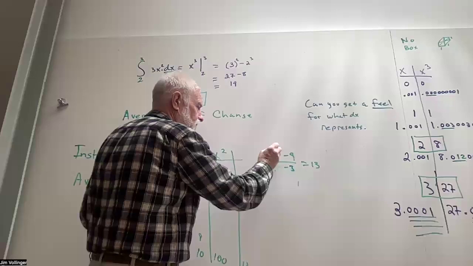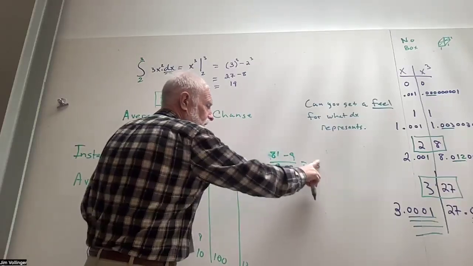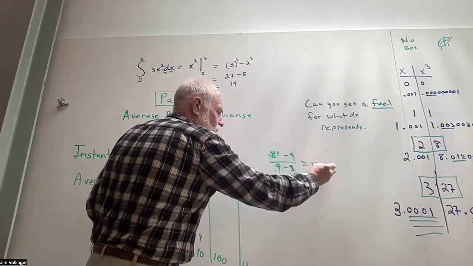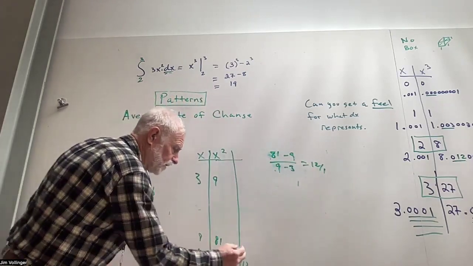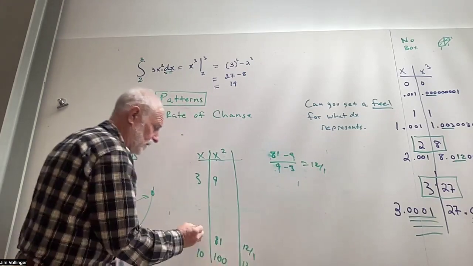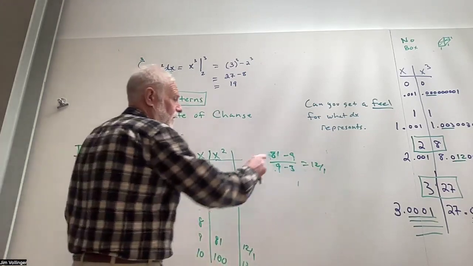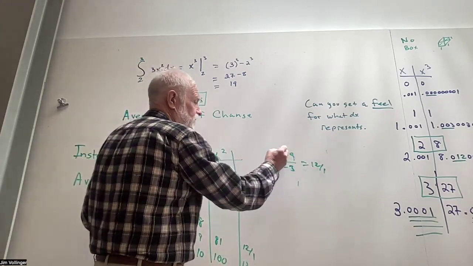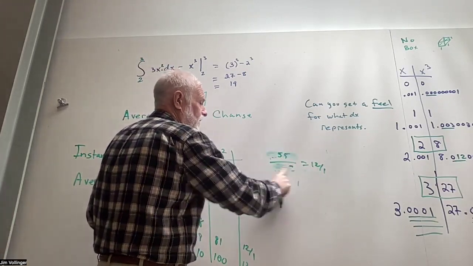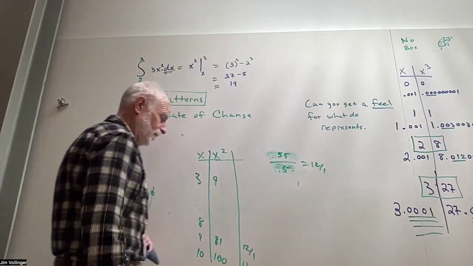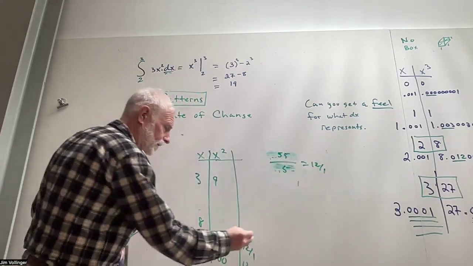With 9, I get 81, and 81 minus 9 over 9 minus 3 comes out to be 12 to 1. And if I do 8, I get 64 minus 9, which is 55, and 8 minus 3 is 5. You got 11 to 1.